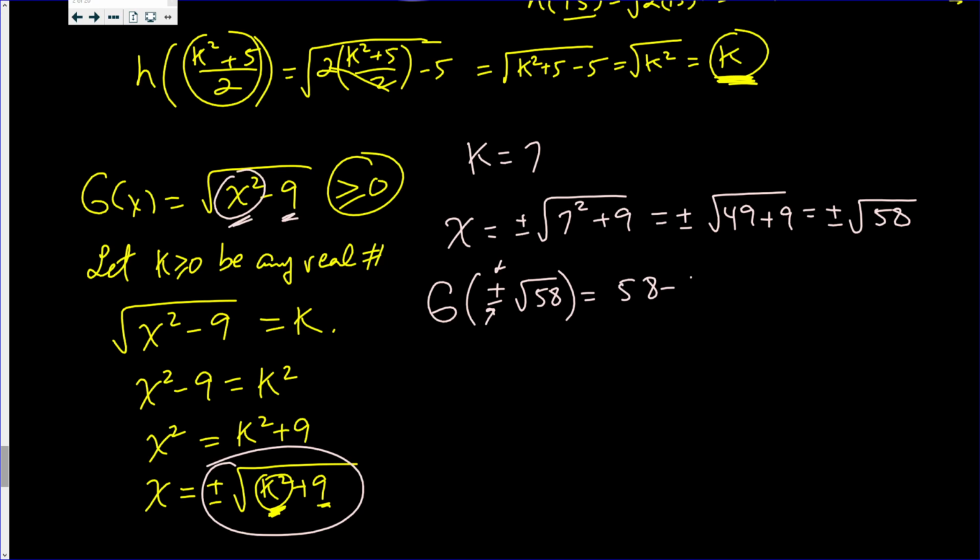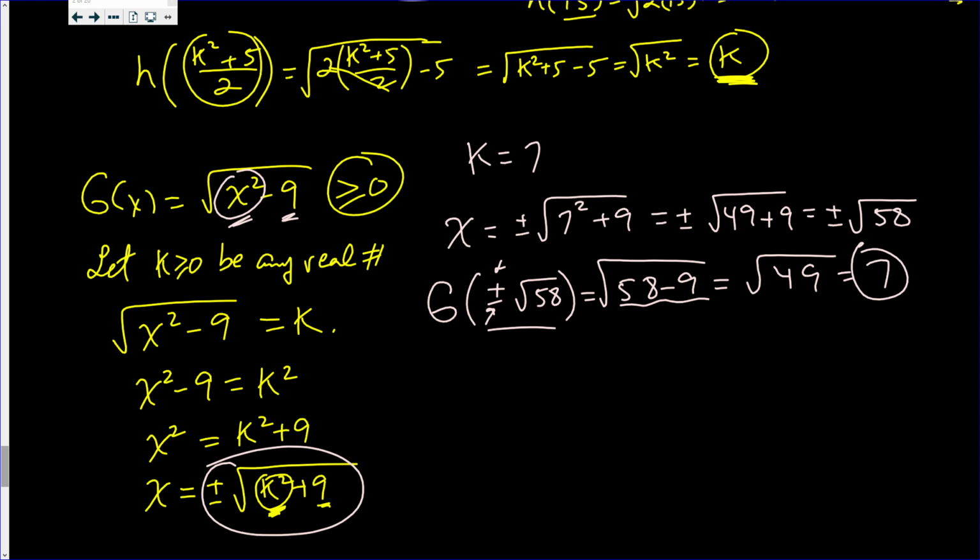Now I have to take away 9 and take the square root of it. And look at this. That's 49. So not only did I find an x value so that g of that x value gives me 7, I found 2 x values.